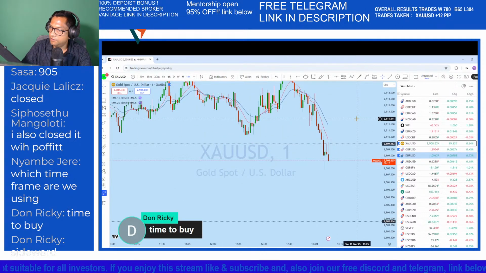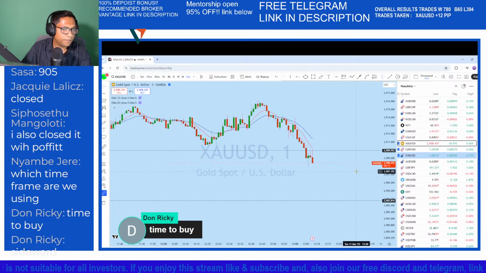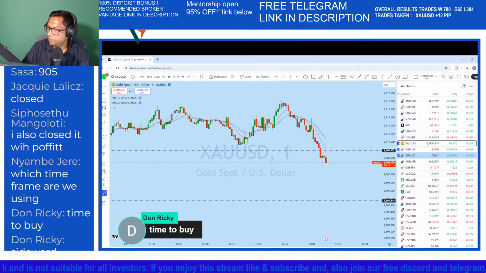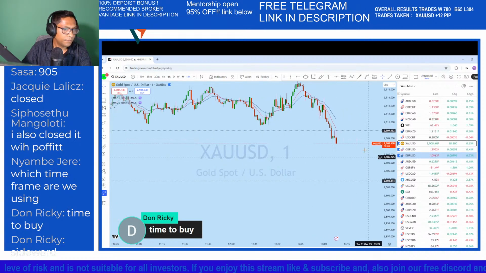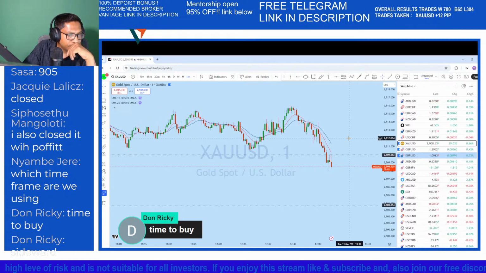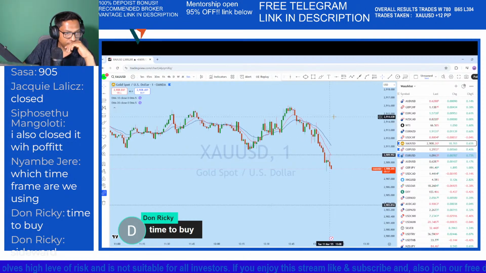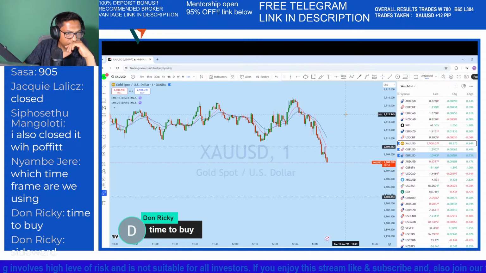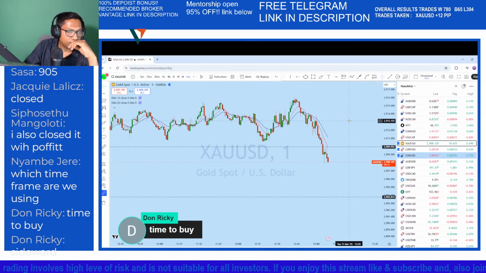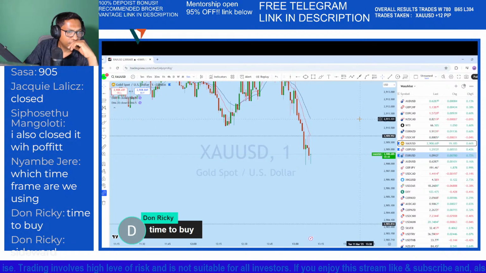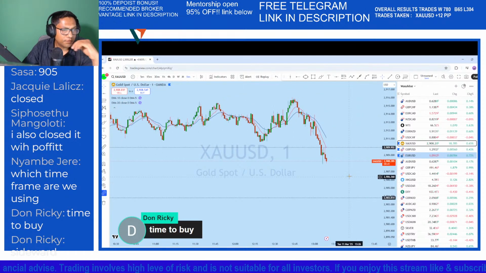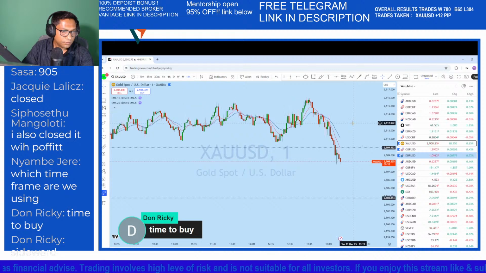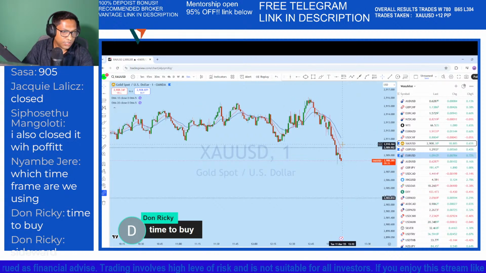Let's see if we can find... we see multiple long wick rejections here at the top.